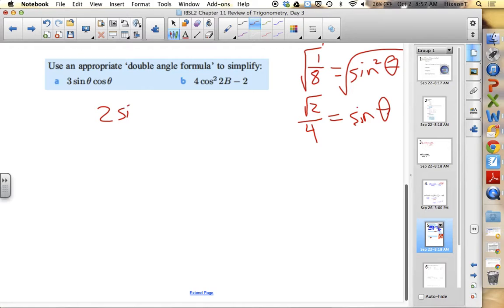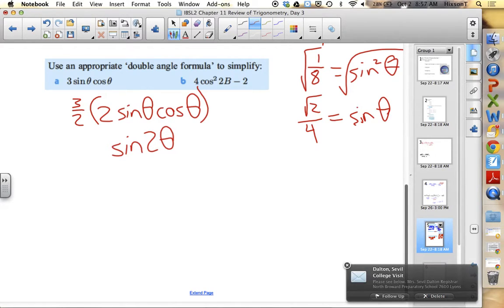But let's look at what we want to get. We want 2 sine theta cosine theta because we want to be able to write it as sine of 2 theta. So how could I rewrite this? What's another way I could rewrite that to get a 2 sine cosine? There we go. If I take this and I multiply it, or really I'm factoring out a 3/2, if you think about it, what would I have to multiply 2 by in order to get 3? Well, 3/2.